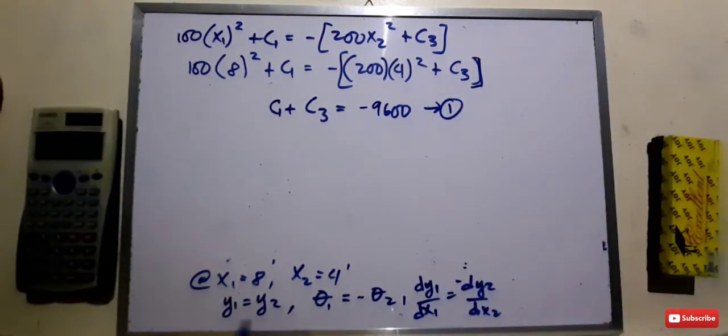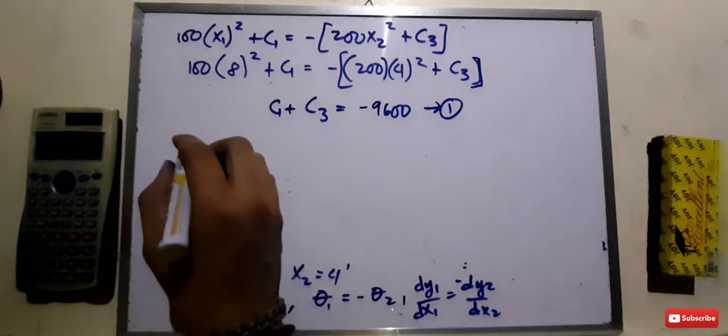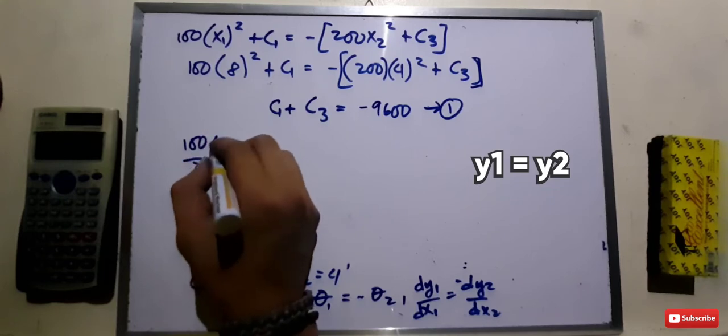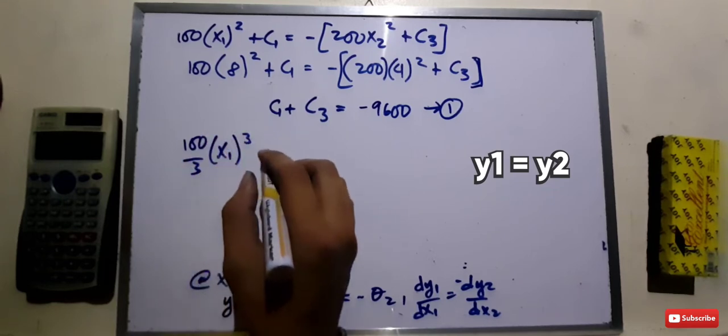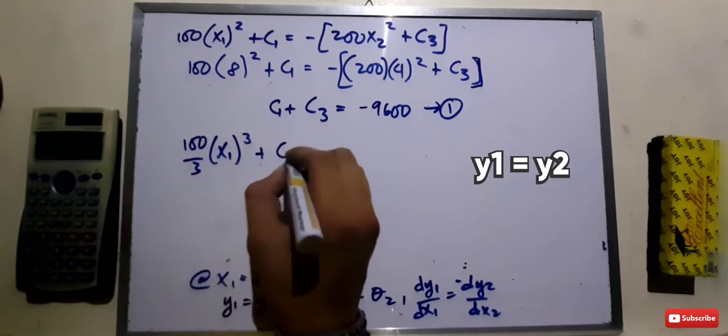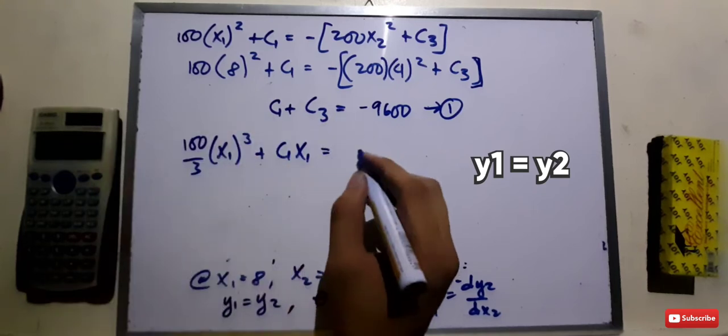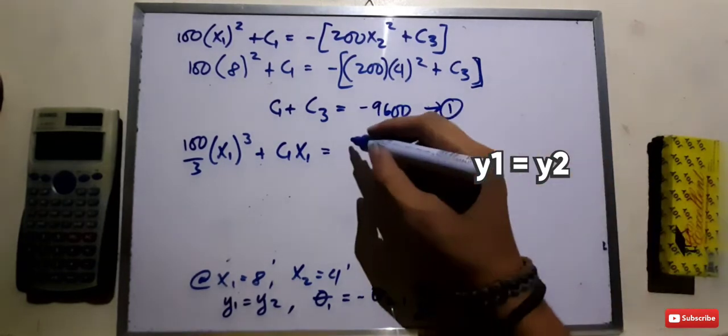Next is evaluate natin itong Y1 tsaka Y2. So, you will have 100 divided by 3, yung equation natin kanina, x sub 1 cube plus C1 x sub 1. Yung C2 wala na, equal 0 kasi yun, di ba? So, you will have a positive na to, no? Hindi na negative.